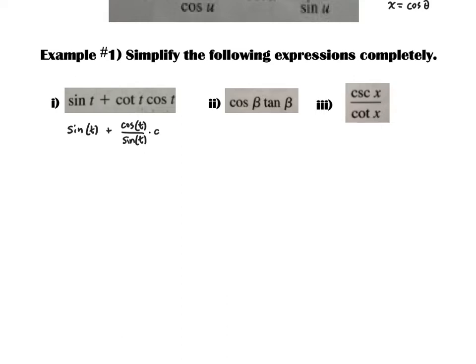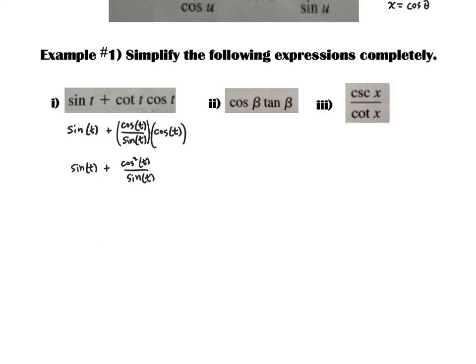And cosine, not a whole lot I can do there. Now, what could I do here? Well, a couple of things. I'm going to multiply these two expressions together. That would give me sine of t plus cosine squared t over sine t.